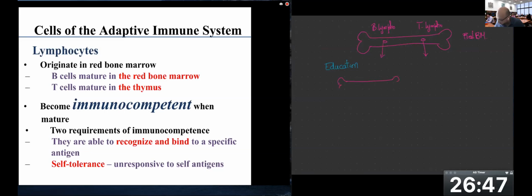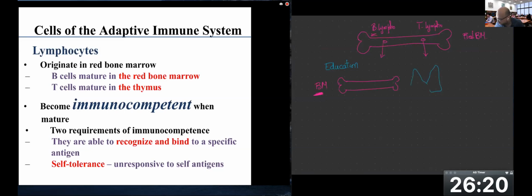They get their education in the bone marrow. So we call the lymphocytes that remained in the bone marrow B lymphocytes. Compared to that, the T lymphocytes will get their education outside of the bone marrow.